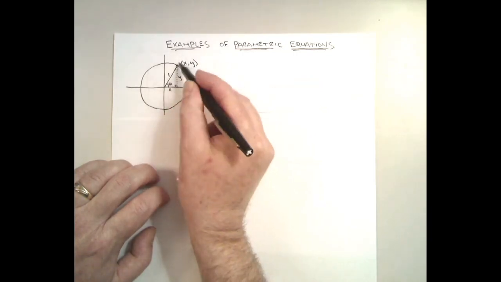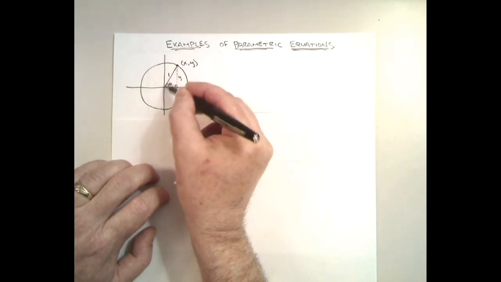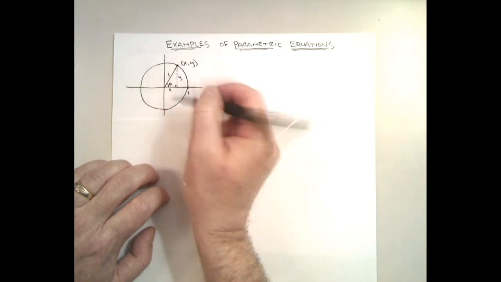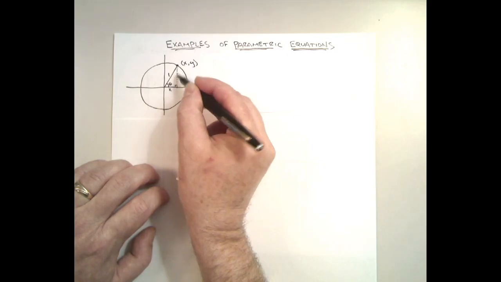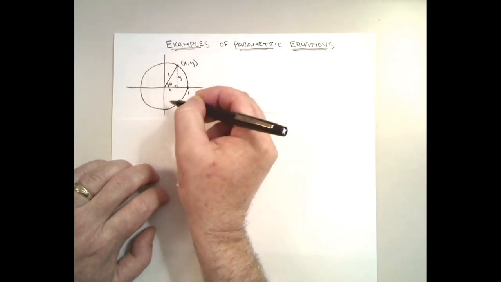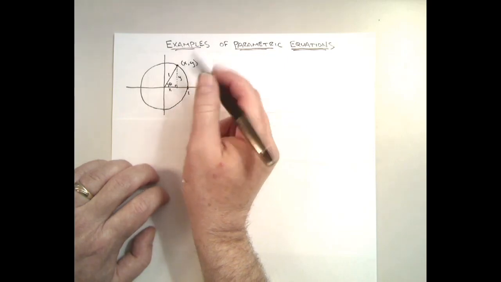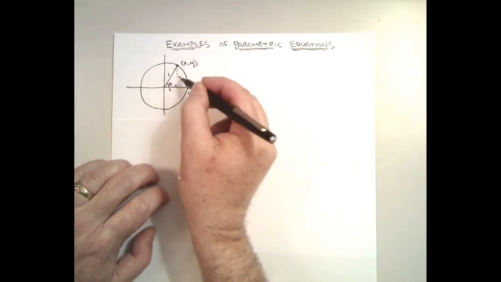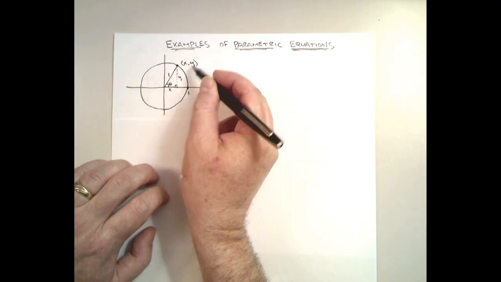So if I draw a line from the point down to the center, of course, I get a line of length 1. From there, I'm going to drop an altitude down and form a right triangle, and observe that the height of that triangle is the y-coordinate of our point.